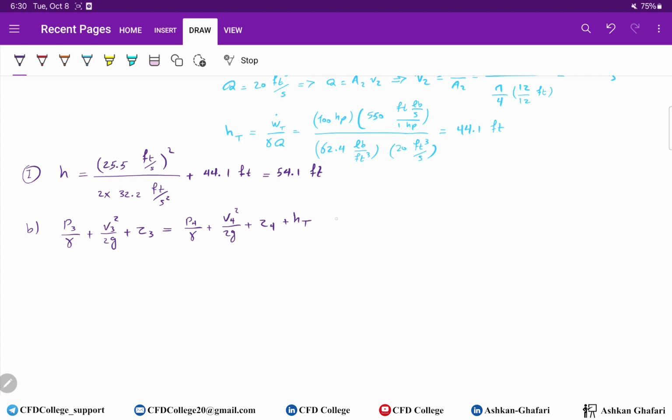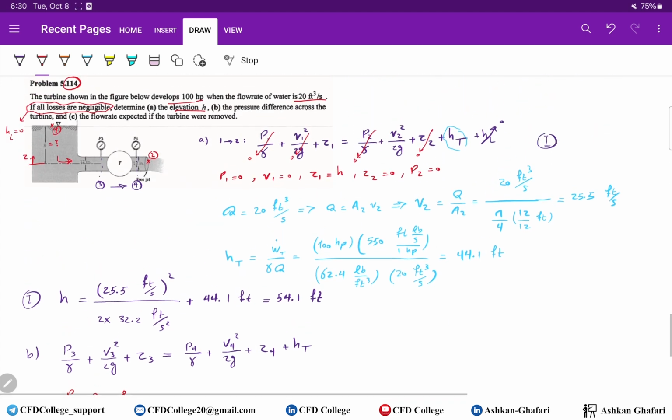And there is no head loss. So what do we know from point 3 and point 4? We are looking for P3 minus P4.